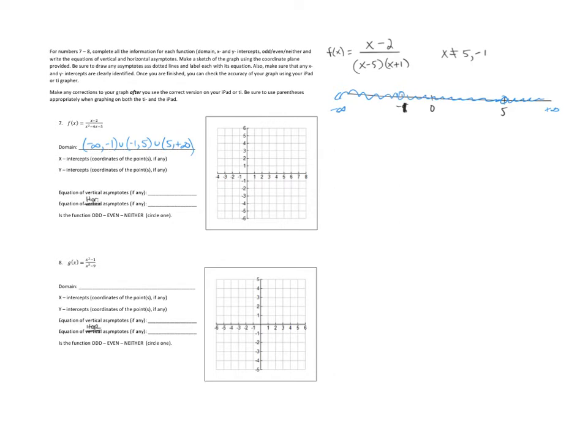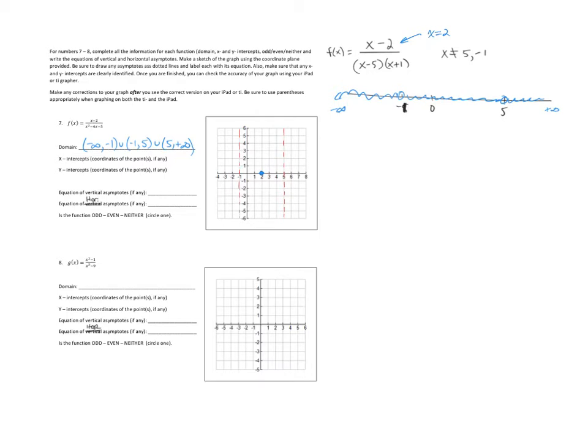Now, x-intercepts are going to occur, this next question, when the numerator is equal to 0. So our numerator is equal to 0 at x equals 2. So that's a spot that we can go ahead and put on the graph right now. And maybe kind of jumping back a little bit to our domain and realizing that x can't be 5 or negative 1, we may as well put up some red walls of death there and here at negative 1.